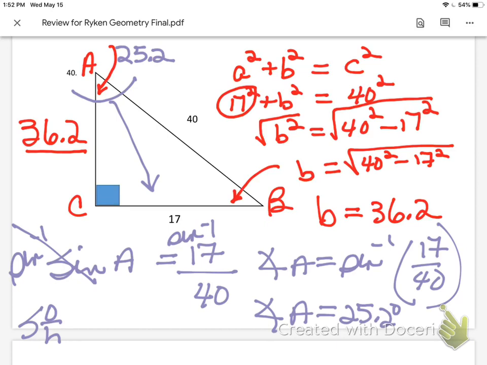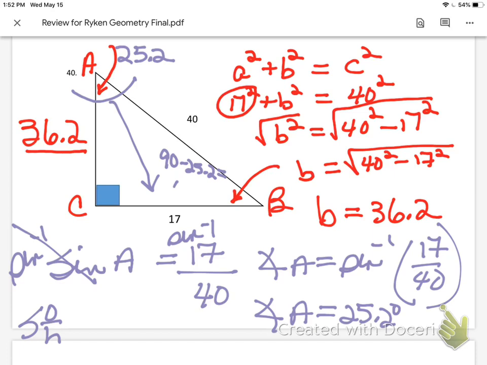How will I get angle B? Well, I know that angle A and angle B have to be complements. So I'm going to say 90 minus 25.2 will equal angle B. So 90 minus 25.2, boom.